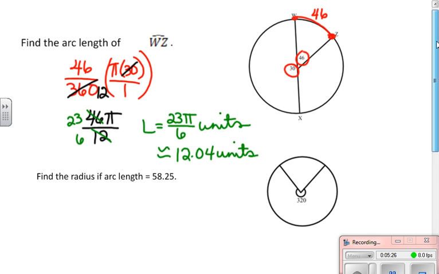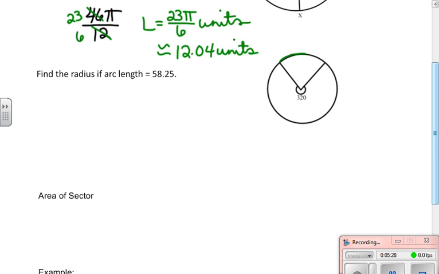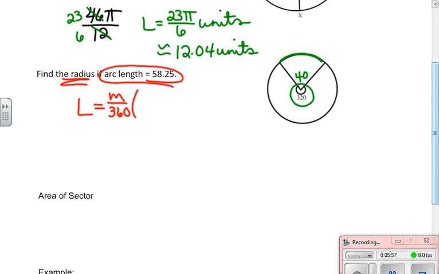Now in this next example, we're actually talking about this minor arc right here. All the way around is 360, so that leaves this arc to be 40. So the portion I'm talking about is the 40-degree portion. But here, I'm given arc length and I want to find radius. So arc length would be equal to the measure of the angle over 360 times the circumference.